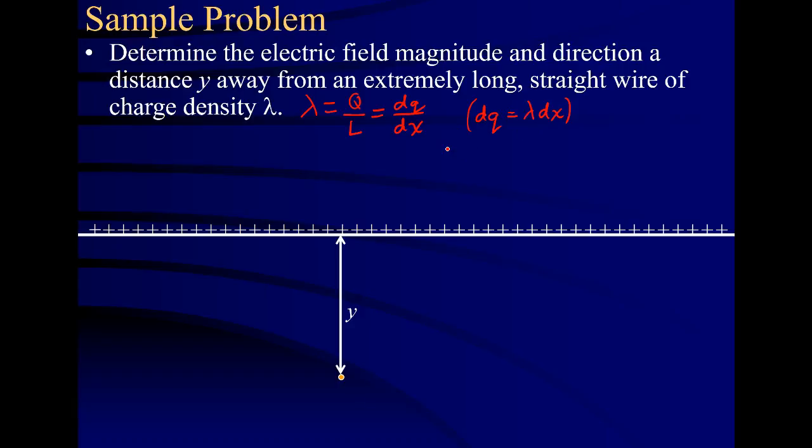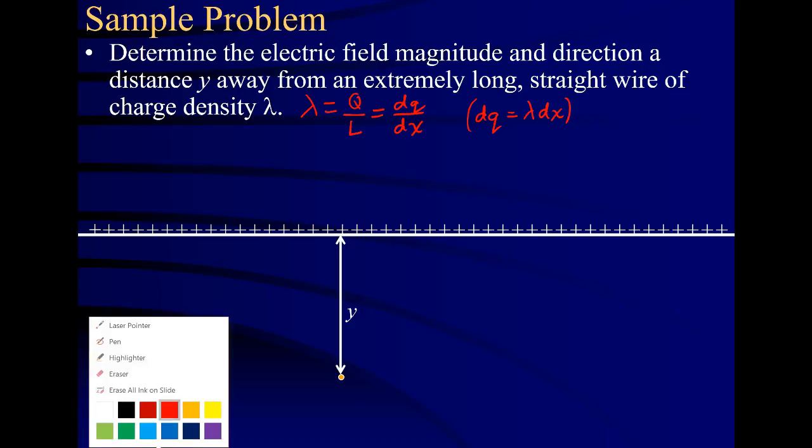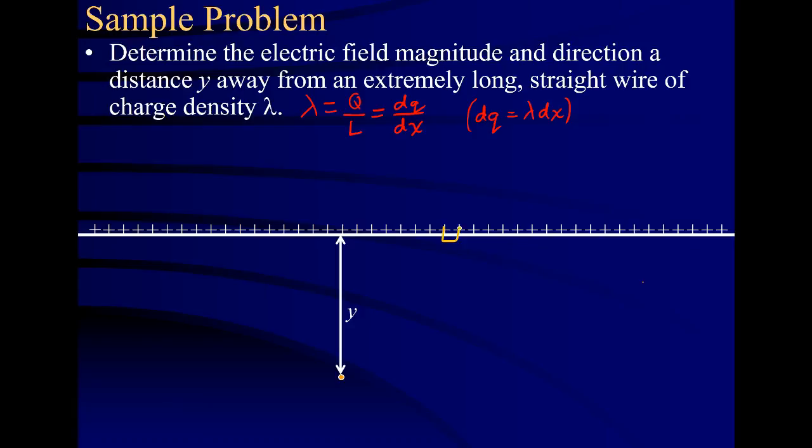Okay, so the first thing that we do is we pick a chunk of this wire. And so here is a chunk of the wire. Okay? And this wire is going to have charge dq, and it will extend for a length dx. Okay? Now what is this wire going to do at point P here?